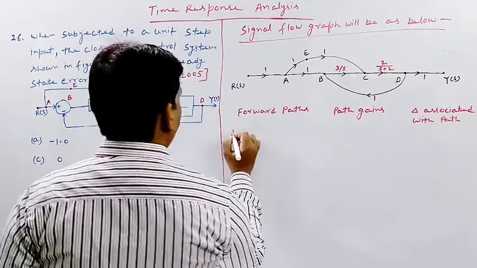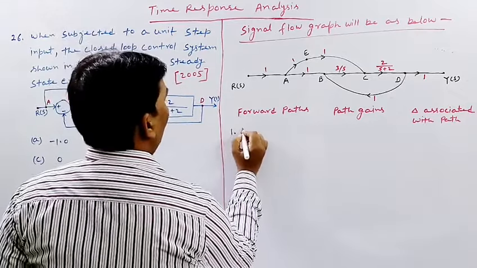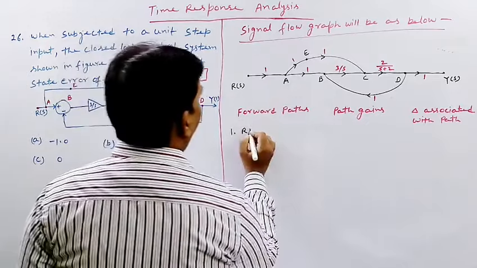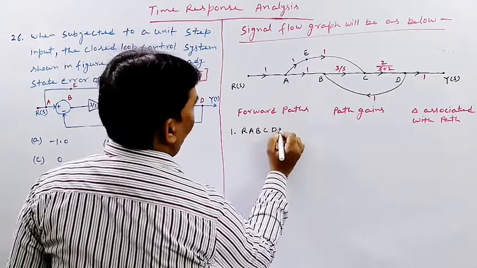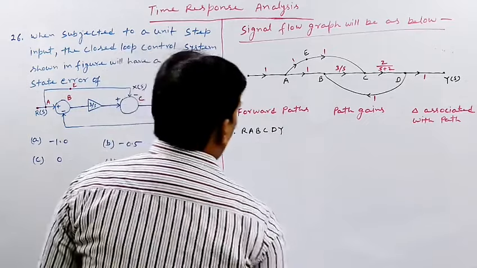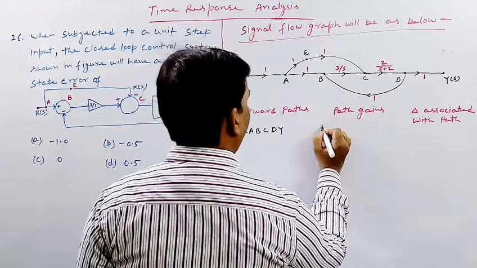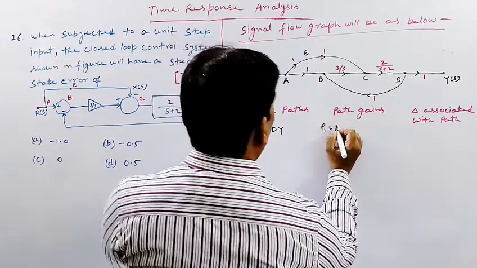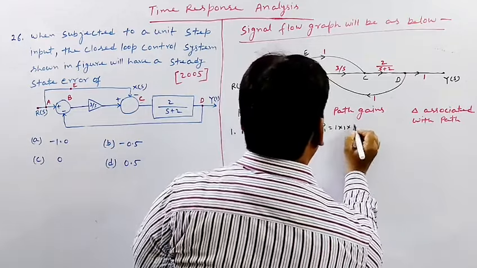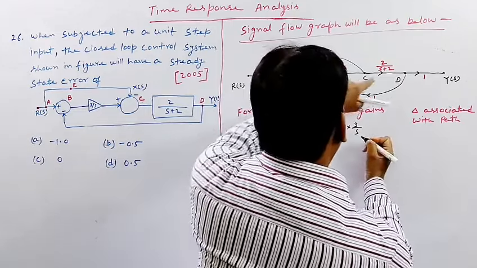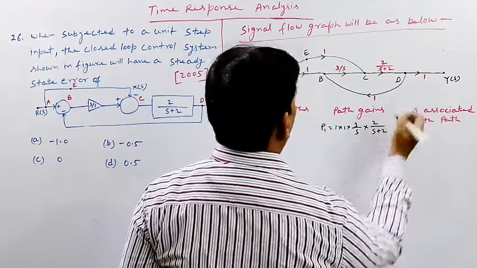Now the first path is R A B C D Y. Let us denote the path gain for this path by P1. So P1 is nothing but 1 multiplied by 1, multiplied by 3 by S, multiplied by 2 into S plus 2, multiplied by 1.